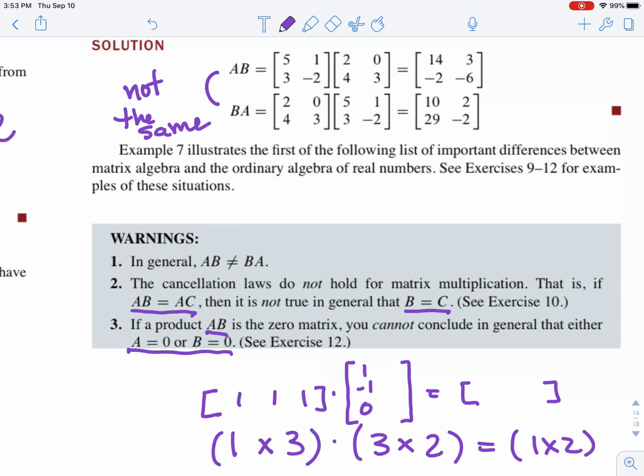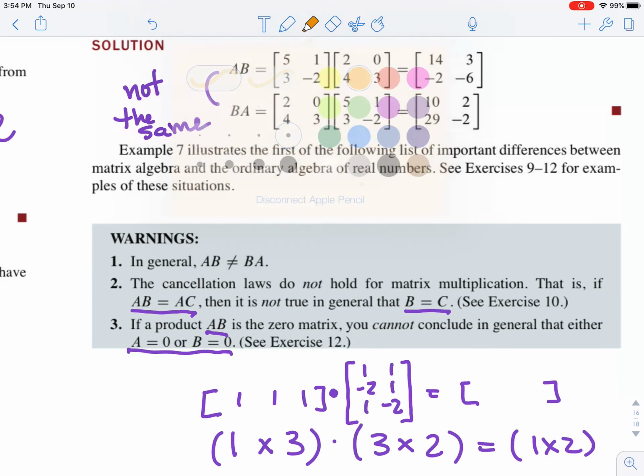And here I'm going to do 1, negative 1, 0, and then 1, 0, negative 1. In fact, I'm not going to put zeros anywhere in the matrix, just so this is really convincing. Right? I've got two matrices here, and neither one of these matrices is 0.